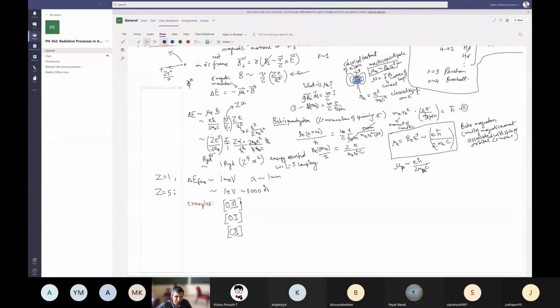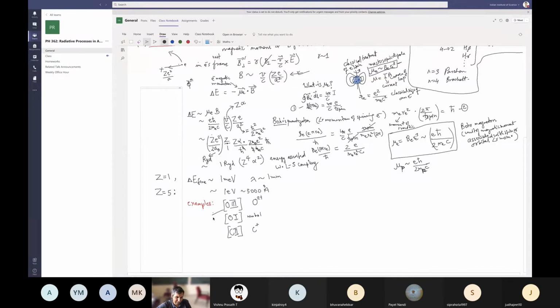Oxygen 3 means that 2 electrons have been stripped from neutral oxygen, so this is oxygen 2 plus. This is oxygen 1, so this is neutral oxygen. And this is carbon plus.